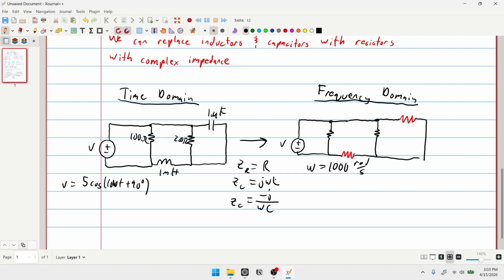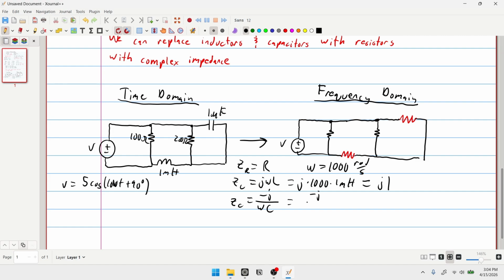So with a frequency of 1,000 radians per second, our inductor impedance equals j times 1,000 times L, which is 1 millihenry. And so we get an impedance of 1j. Do the same for the capacitor.